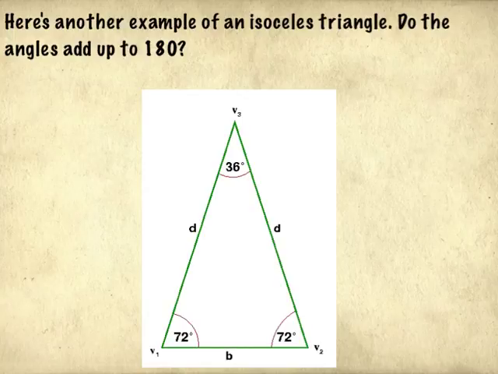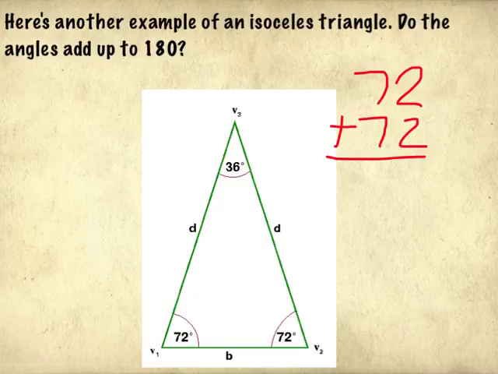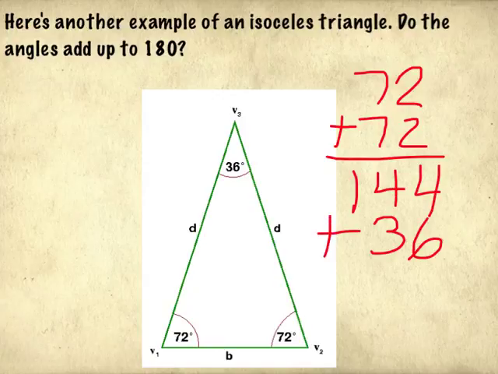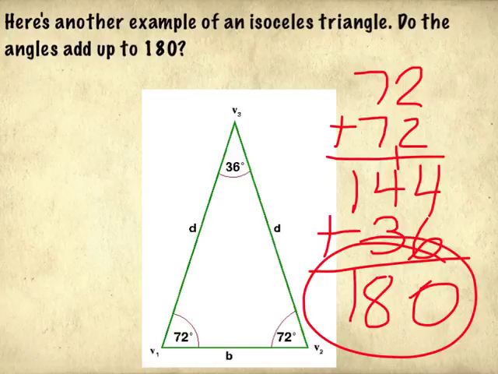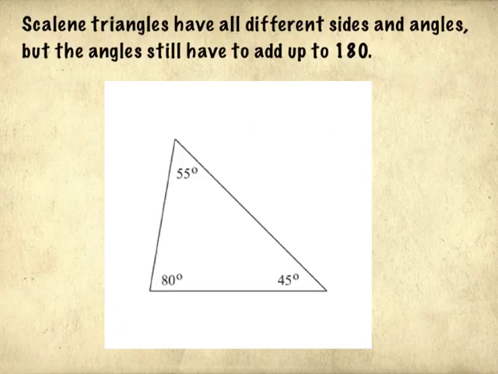If they don't, it's not a triangle, it's impossible. It would mean that we made a mistake with our measurements. So let's check. 72 plus 72 is going to give me 144. And when I add in 36, I'm going to get 180. So it's a triangle.